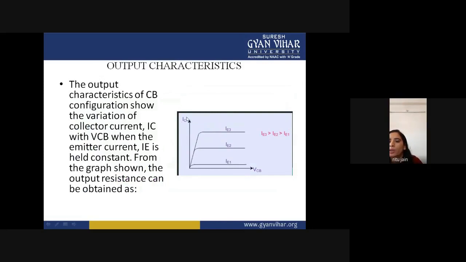This is your output current, VCB is your output voltage. You are taking different values of IE3, IE2, IE1, which is your input current and which is constant for one characteristic, right? So you will get this kind of characteristic for a common base transistor circuit.